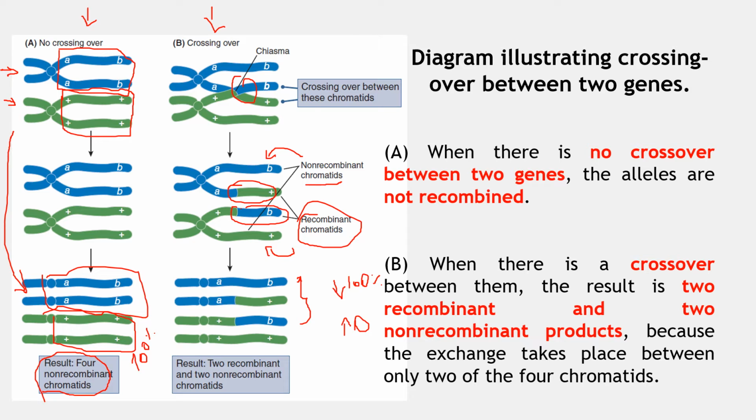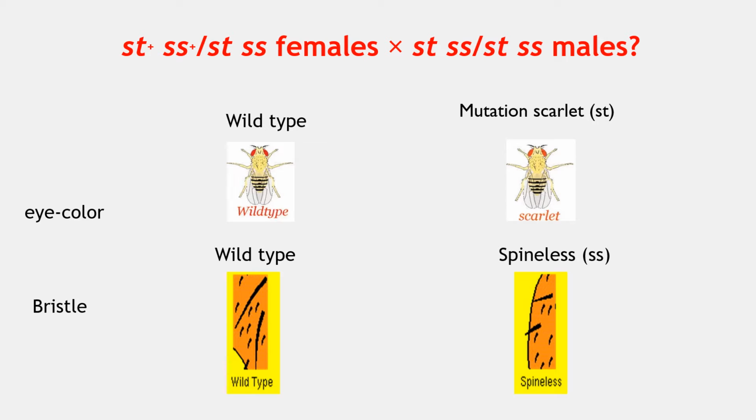Okay, so let's see with our examples what is happening there. One thing that I told you is that you don't have to worry about the names of the flies, we can change them. You don't need to know anything about flies or what exactly this mutation is.